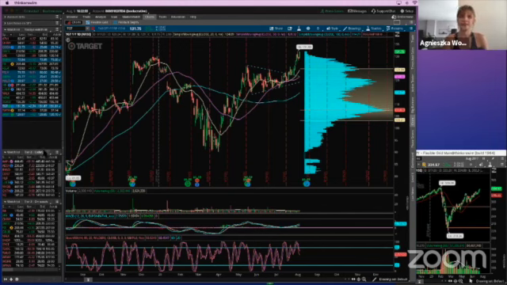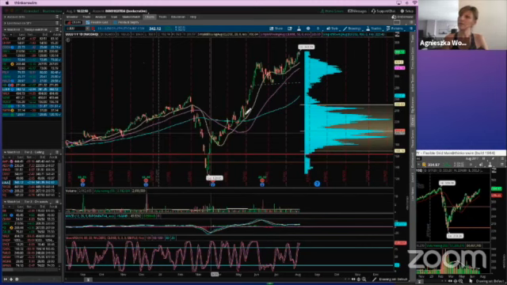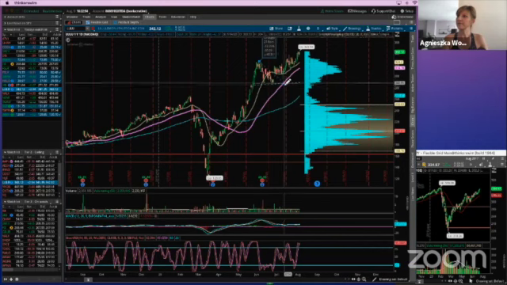I have a tier 2, which is coiling. These are basically the stocks that made their move up already and now they're kind of coiling. They are not ready yet. For example, Lulu had a beautiful move up. Then it made this beautiful flag, then broke the flag.